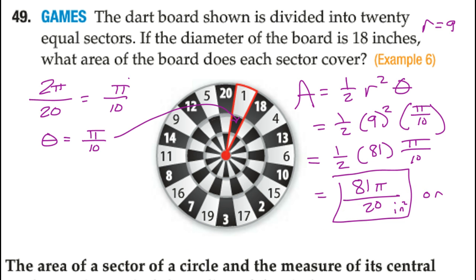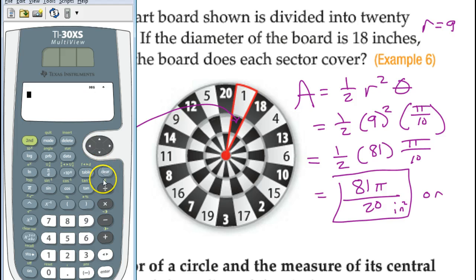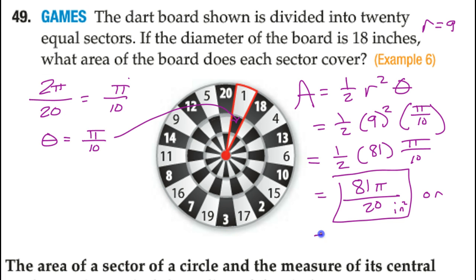But let's go ahead and do this to the nearest tenth. If you didn't have a calculator, then this is what you would have to do, and we call that an exact answer. All right, that is 12.7. So that's the answer to the nearest tenth.